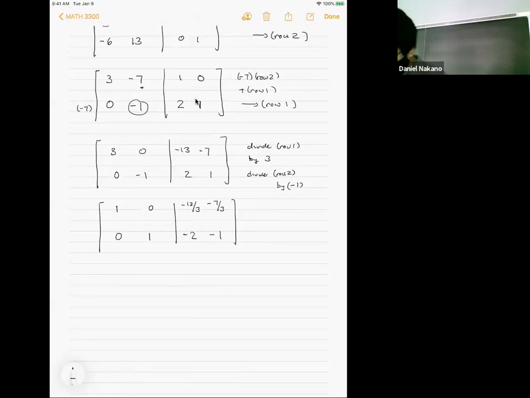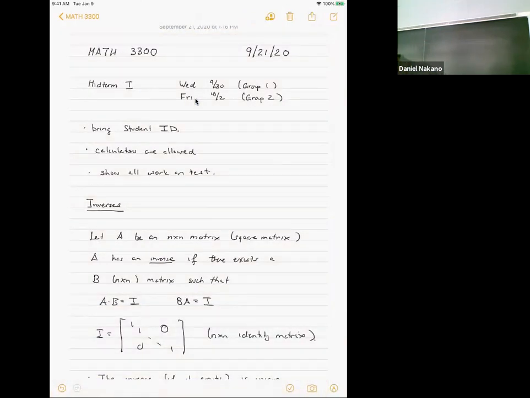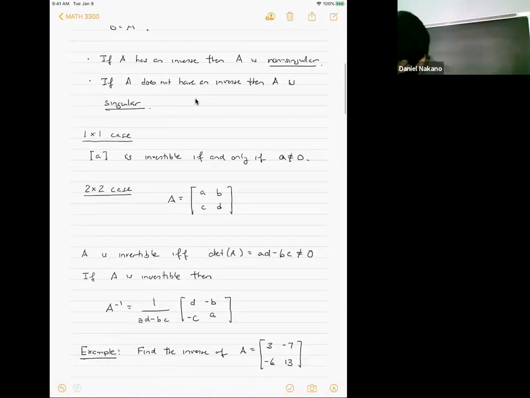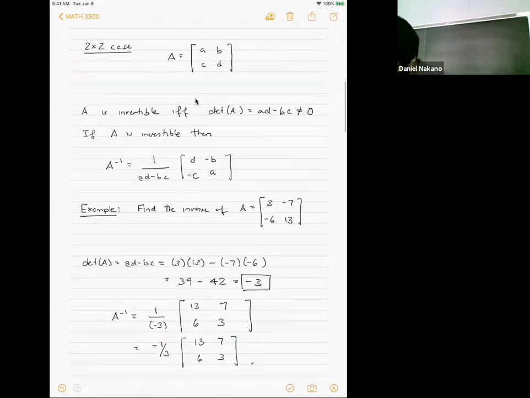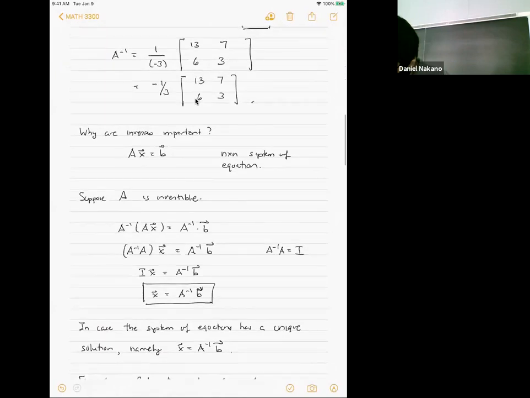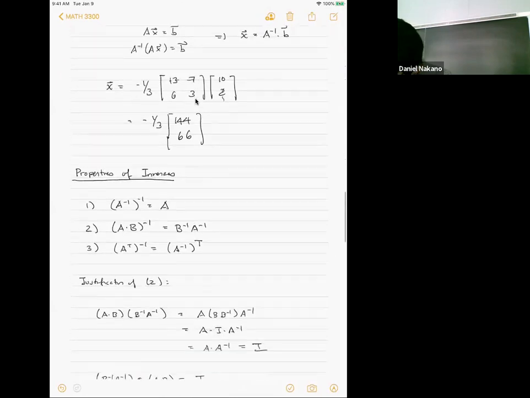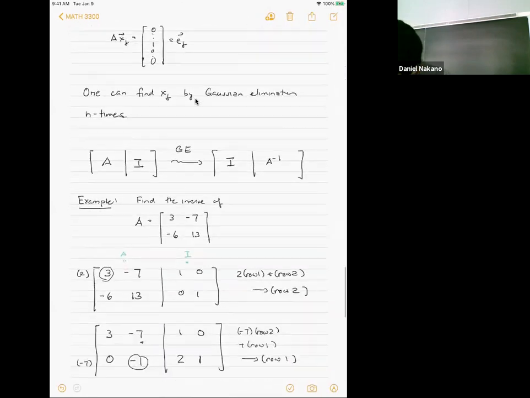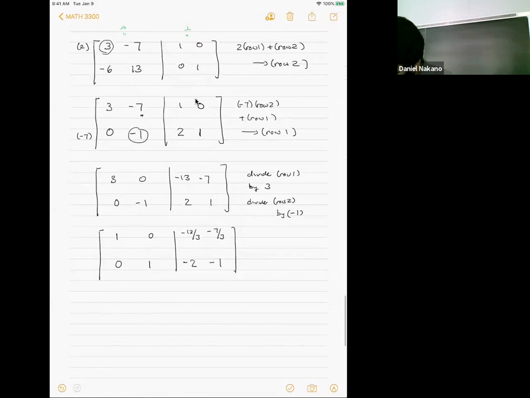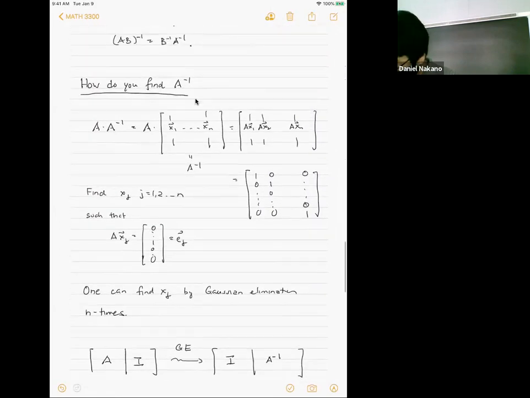Now let's see, am I missing something? Okay, so let's check the answer. In the answer I get -13 over 3, -7 over 3. Sorry, I have to scroll up here.